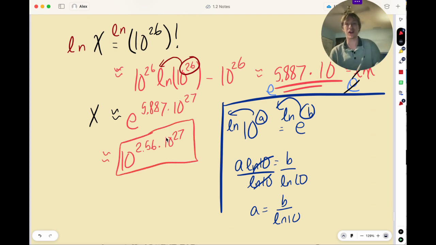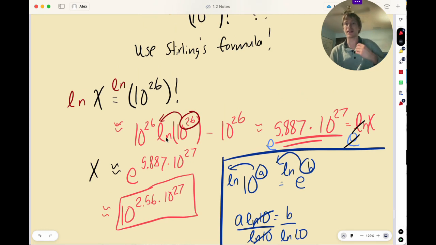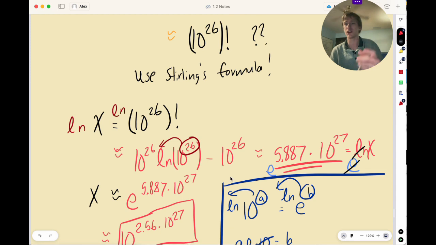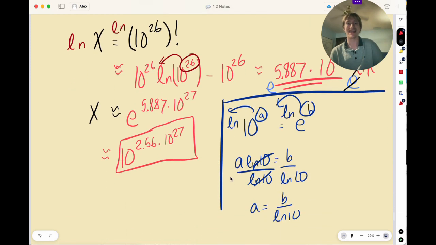So let me reiterate for you something that is applicable to the real world: for a molar quantity of atoms in the human body, the number of ways that those could be rearranged, 10 to the 26 factorial, is 1 followed by 27 zeros in the exponent. That would probably take so many lifetimes of the universe just to even express, which is why we use Stirling's approximation. Hope that was helpful.